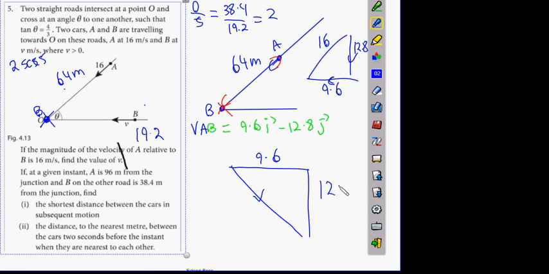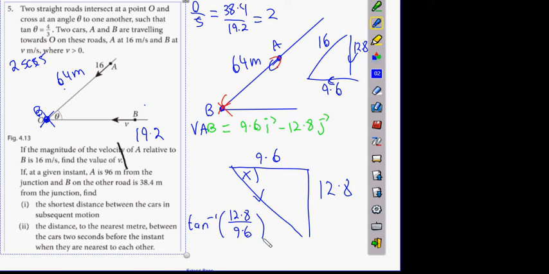Will somebody do tan inverse 12.8 divided by 9.6 for me? I want to find out the angle X. So it's tan inverse 12.8 divided by 9.6. Anybody tell me that angle? What is the angle X? 53.13. Is it? 53.13?